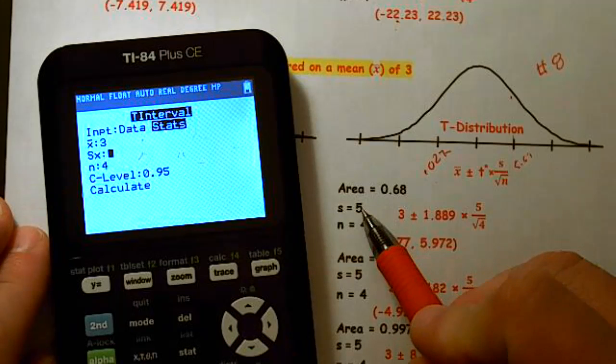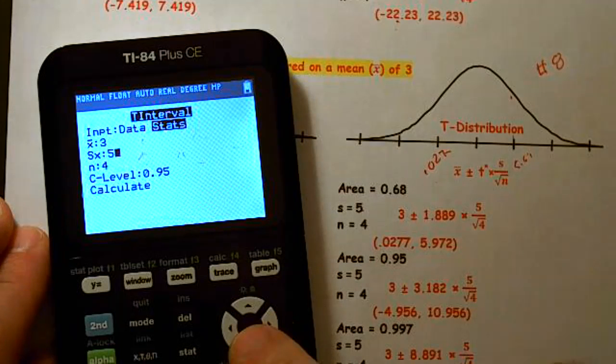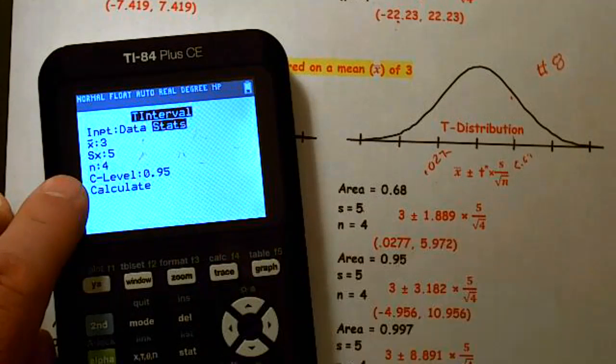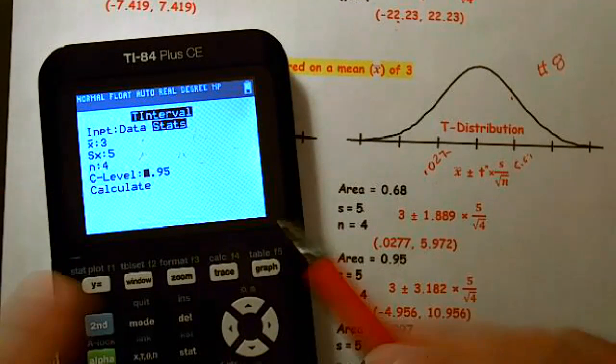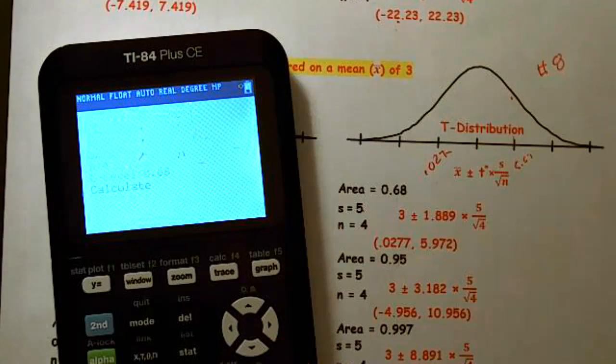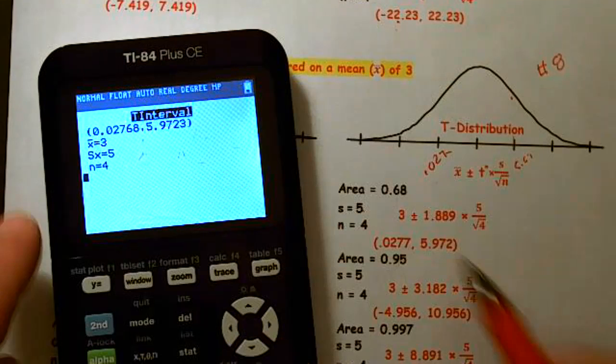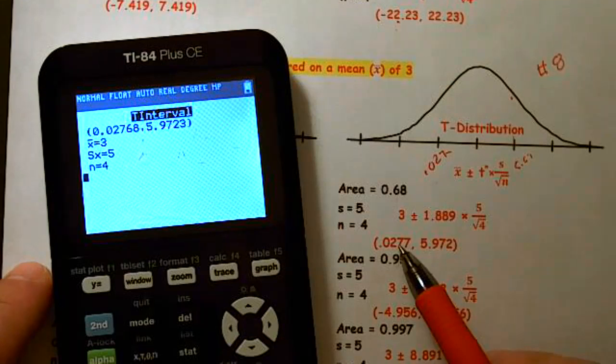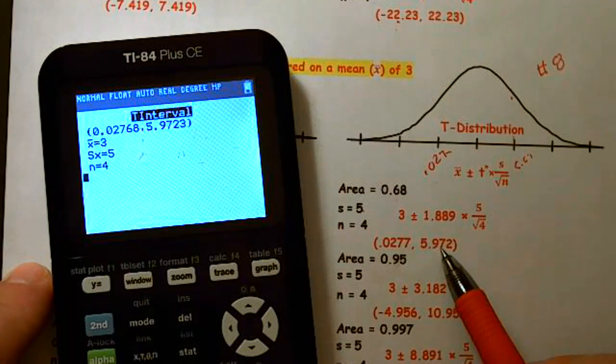Well, our standard deviation of our sample is 5, and our sample size is 4, and we're going to do this 0.68. Now, when we do a confidence level, it really means it's centered about the mean. So it already centers it for us, which is kind of nice. And we find out, oh, it's 0.2277 versus 5.97.